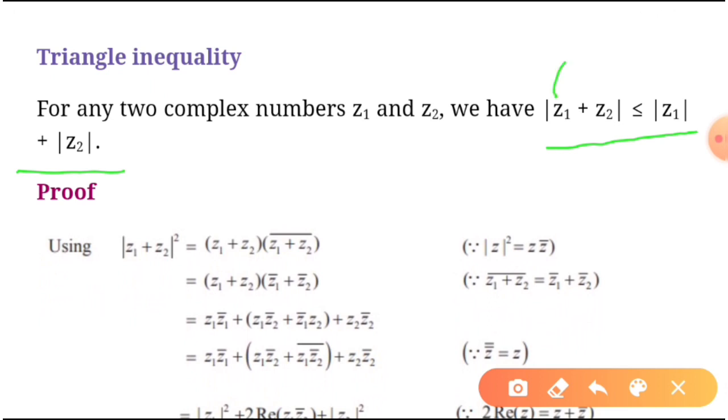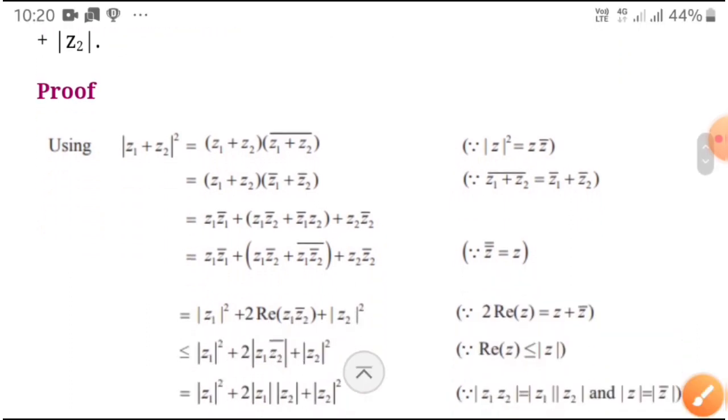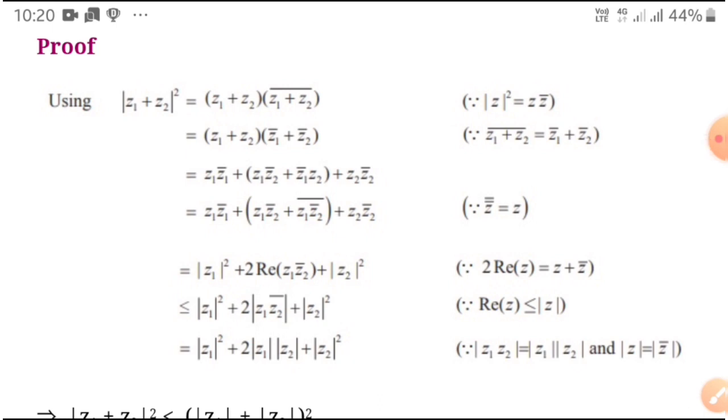The modulus of the sum of two complex numbers is less than or equal to the sum of their moduli. That is called the triangle inequality. Okay, now let us prove the triangle inequality using this idea.